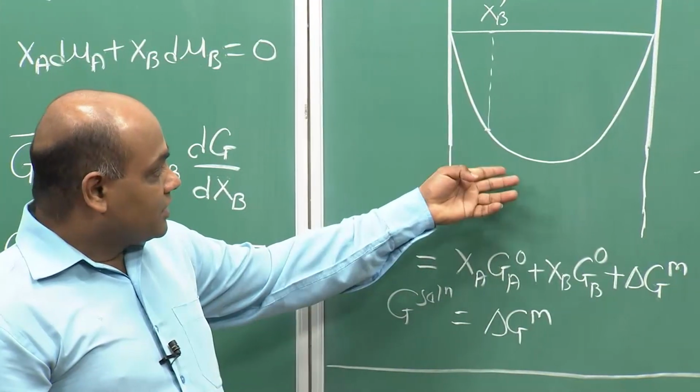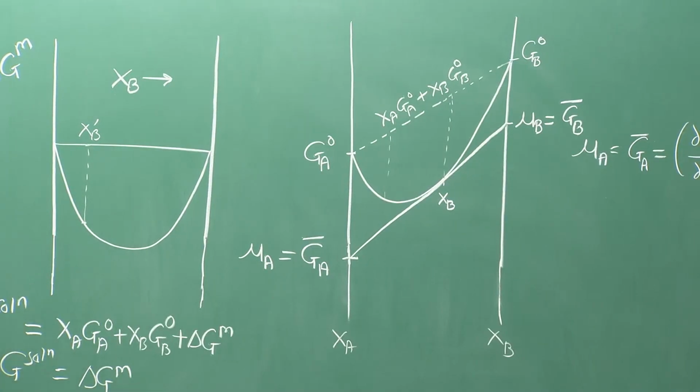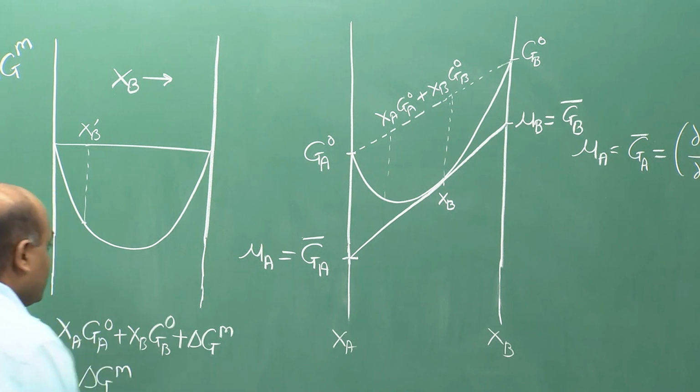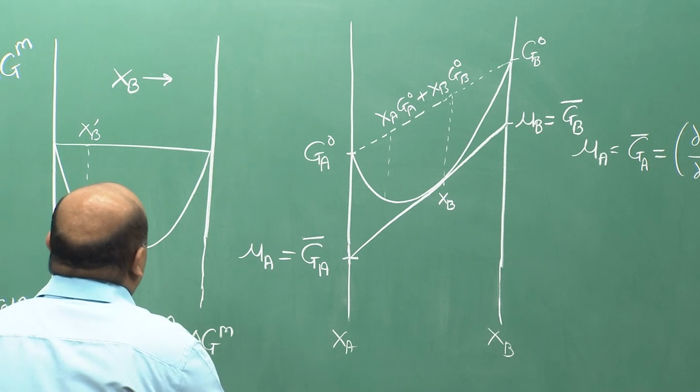Similarly, we can also apply this method to the delta GM curve. So, at any composition we can determine the partial molar Gibbs free energy of mixing of a component.